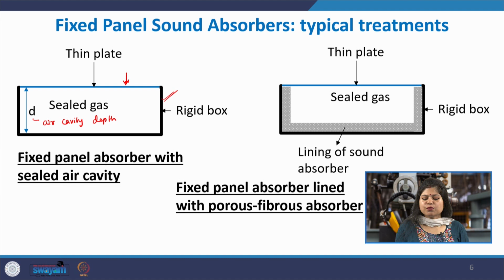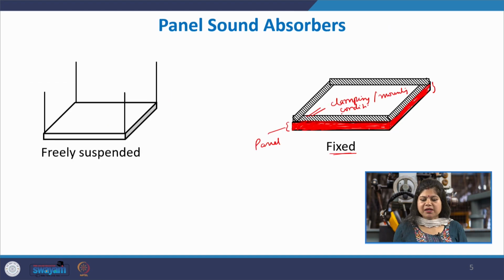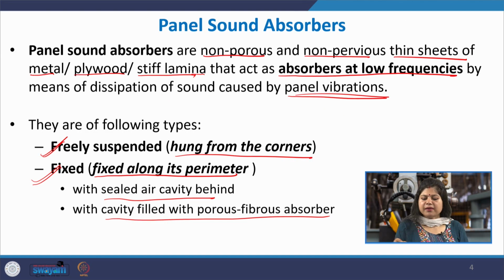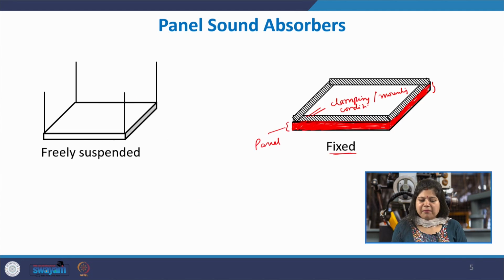The other configuration would be that within this rigid box you can also have some lining of absorber material, because typically what we find is that panel absorbers absorb at low frequencies, but their high frequency absorption is not as great. So, why do not we combine the advantages of porous fibrous absorbers, which perform really well over a broad range of high frequencies, with a panel?